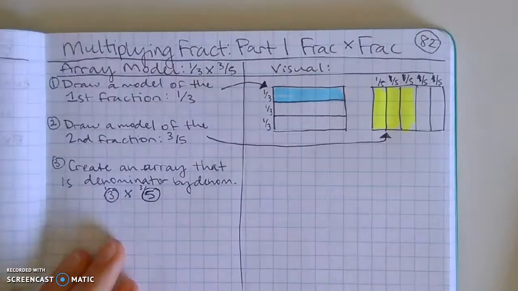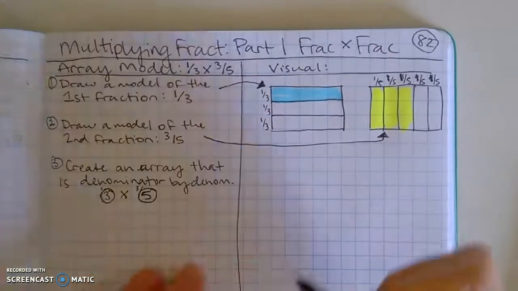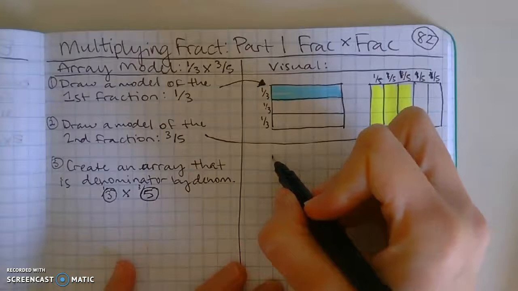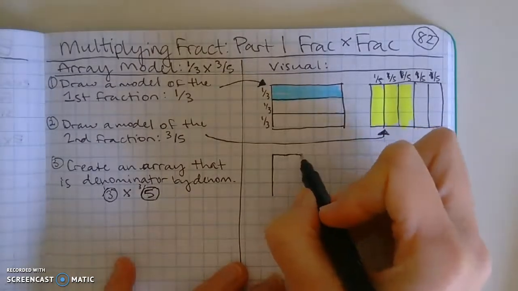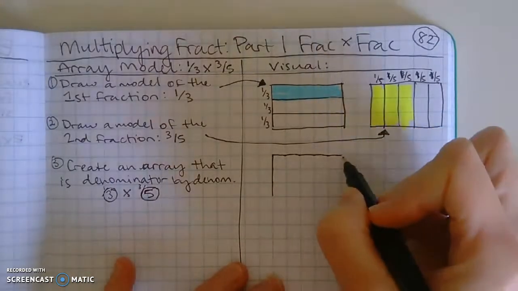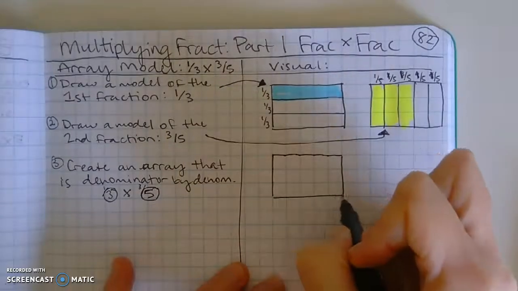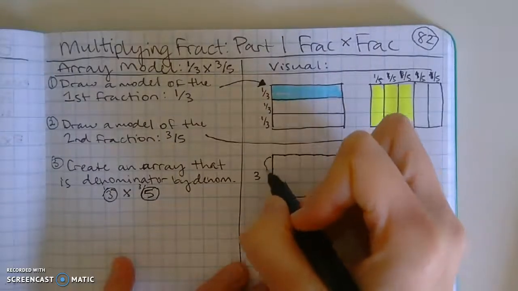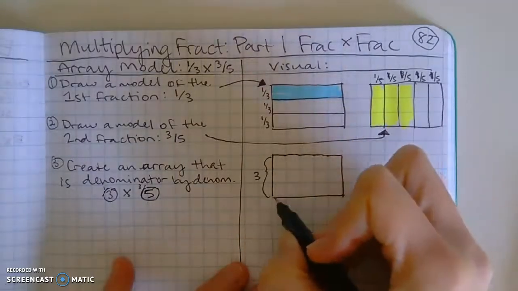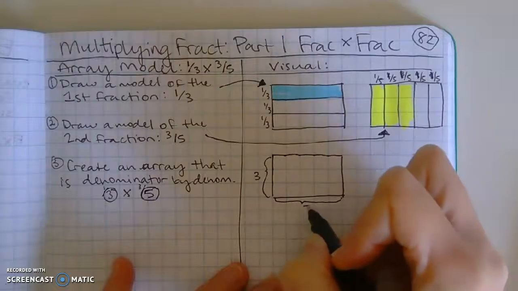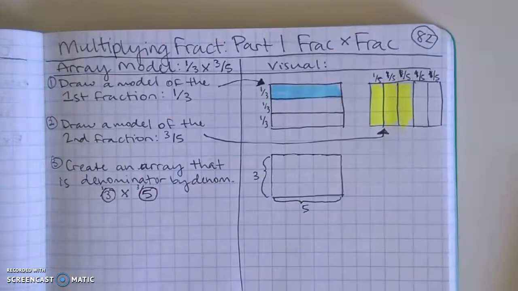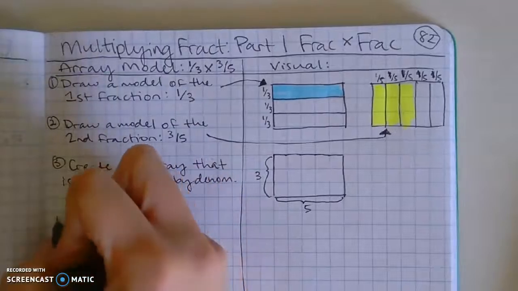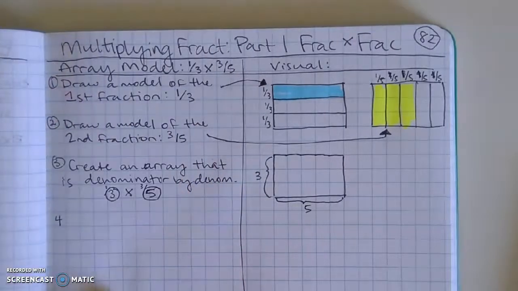So I'm just showing you where that denominator is. So I'm going to create my 3 by 5. 1, 2, 3 by 1, 2, 3, 4, 5. Okay, so here's 3 by 5. Okay, so that's step 3.